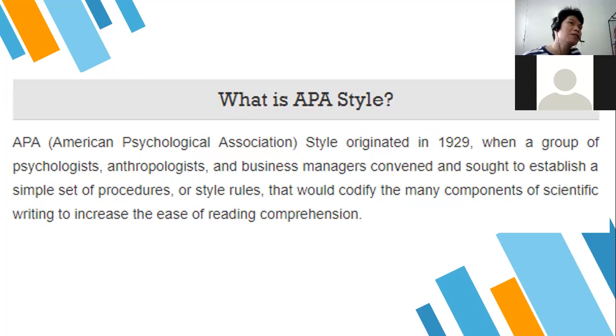Itong APA style, basically, one of the main purposes why experts created this style is for convenience. It's easier for them to locate the references kung merong proper structure or proper system na gagamitin when it comes to writing citations.